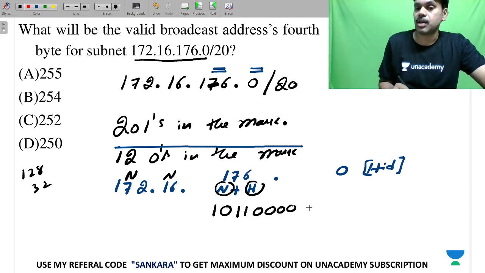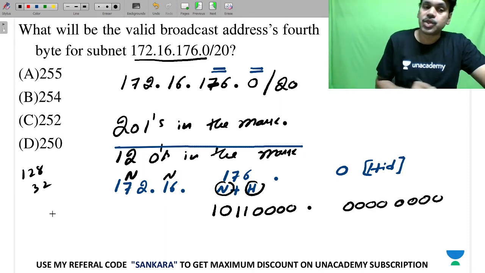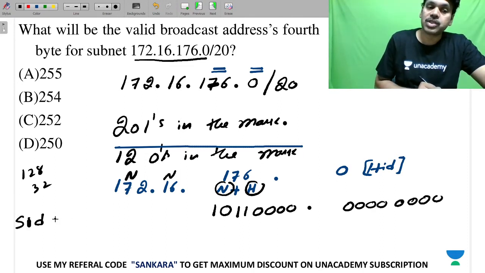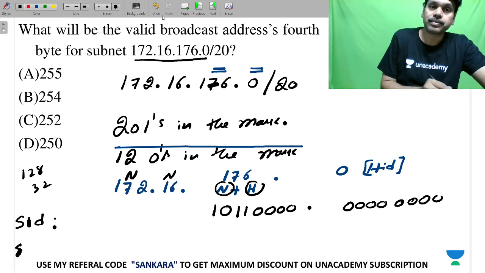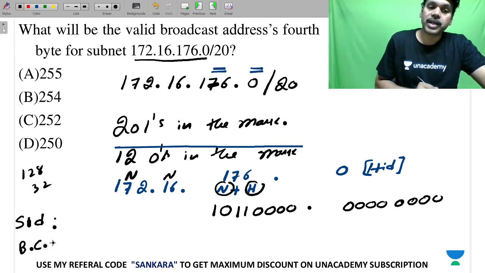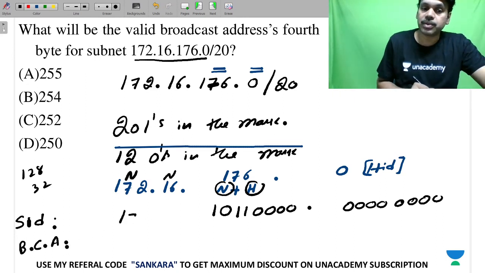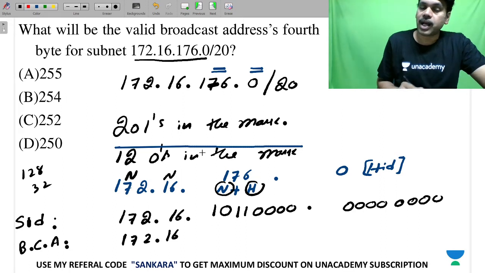That's it. And 0 in binary. So you want the block starting number and the block broadcast address. What do you do? Drop as it is. Convert your host IDs to zeros.